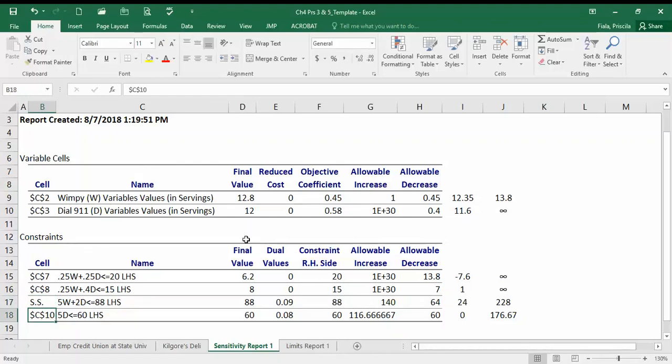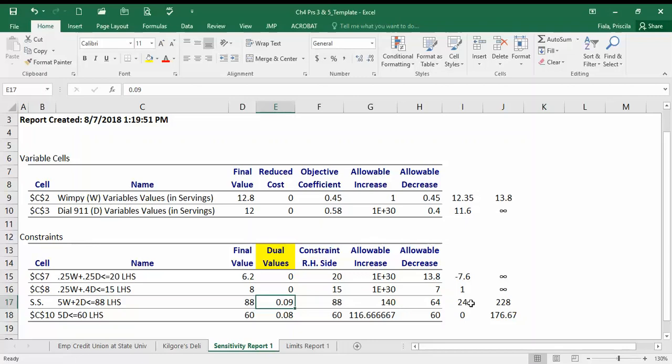So my dual value, which is also called shadow price, for special sauce can go from a minimum of 24 to a maximum of 228, and for every unit I increase or decrease there is going to be a change of 9 cents.